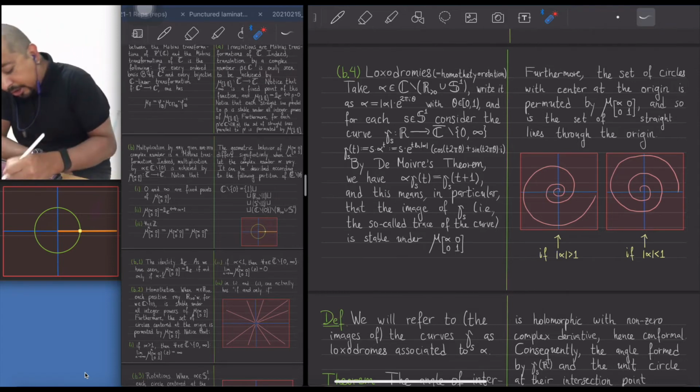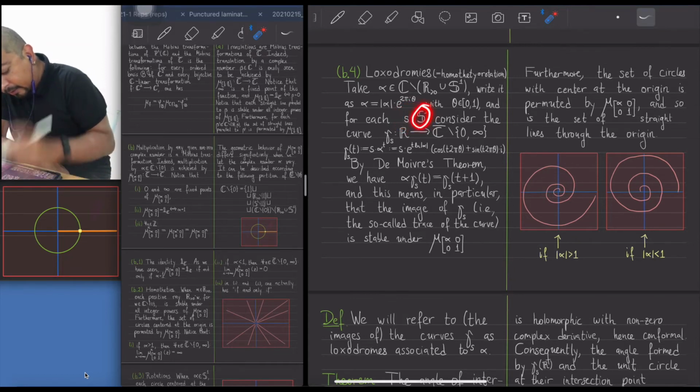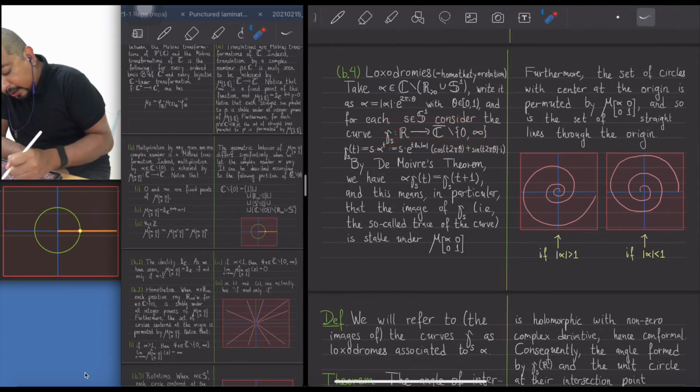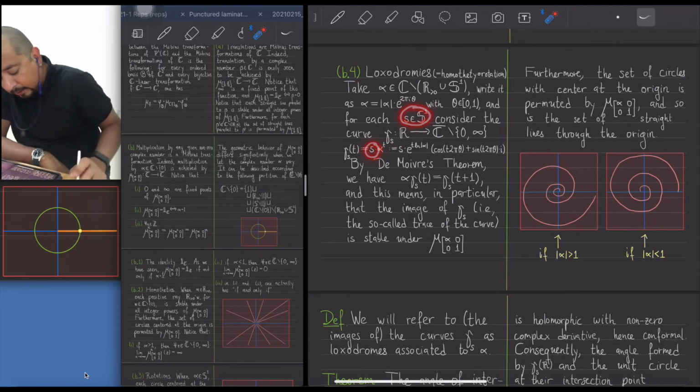So for each element of the circle, here without excluding one, for each complex number of norm 1, consider this curve, which is alpha to the t, rotated by this element of the circle.